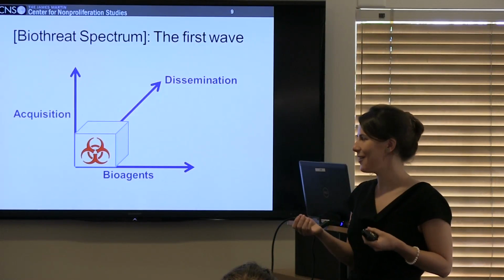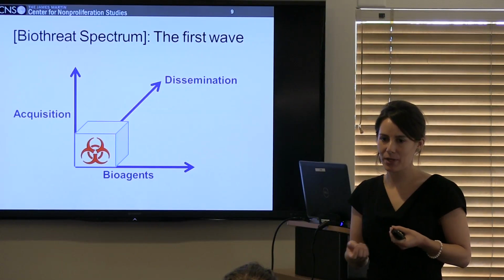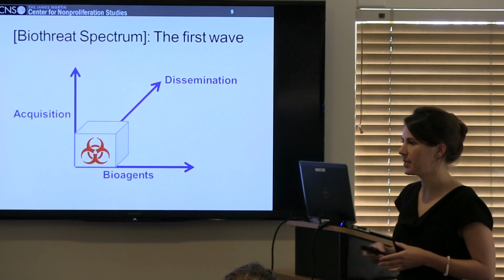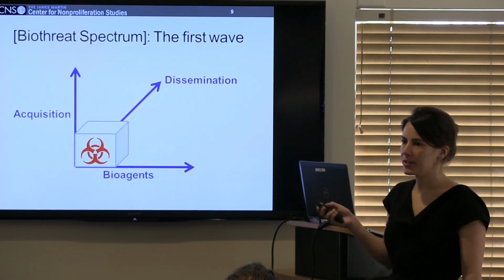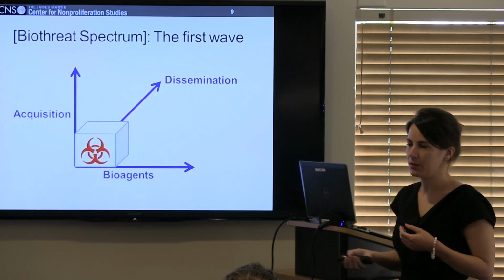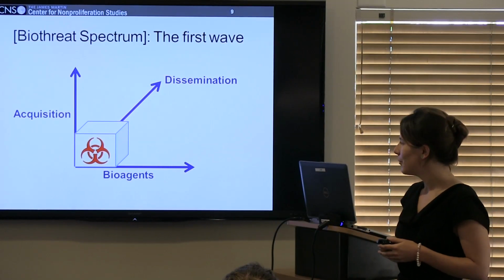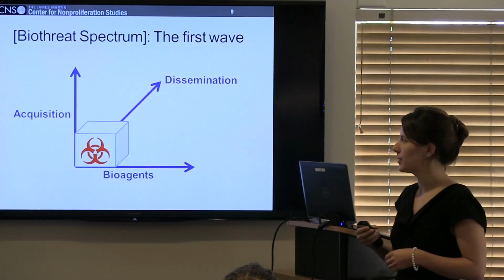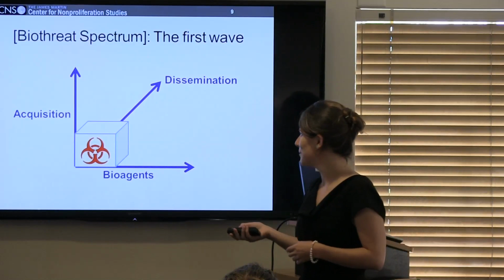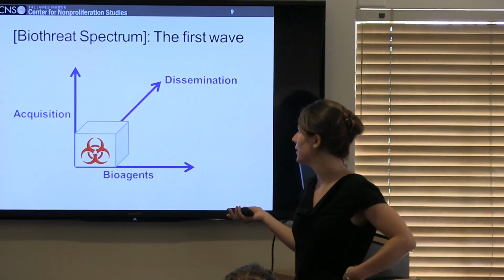Researchers have identified dangerous organisms naturally occurring. It's a little under 100 of them that are closely monitored. And then they know how people are likely to acquire them, so they can find them in nature. But they can also steal them from labs that work with them, or maybe they can be employees.